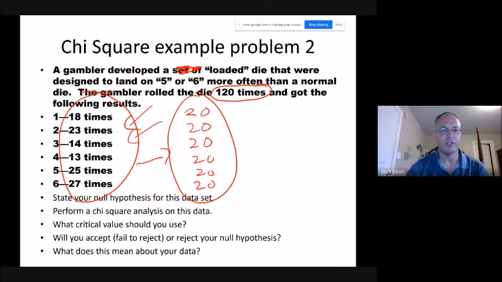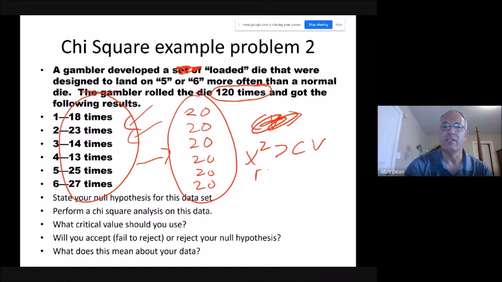Let's go back at our questions for a second. So we failed to reject the null hypothesis, and again, that means that our observed and expected numbers are a little different, but they're not different enough to be considered significant. The loaded die in this case didn't really work. Remember that when your chi-square is greater than your critical value, you're going to reject the null hypothesis.